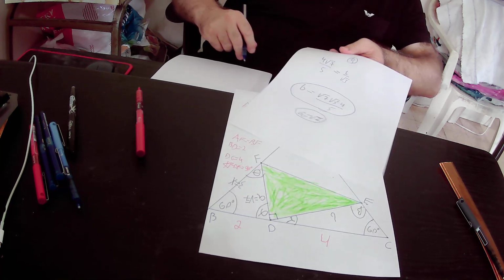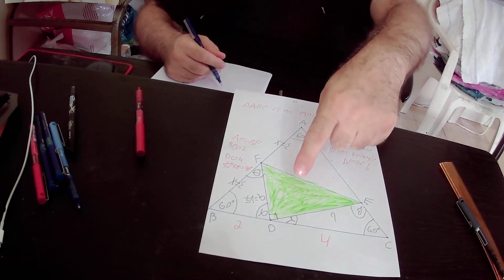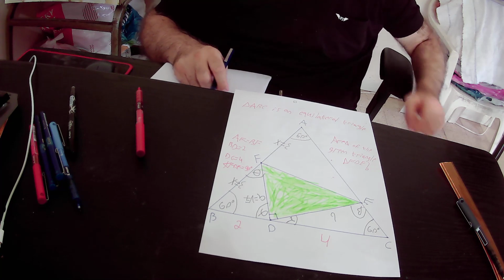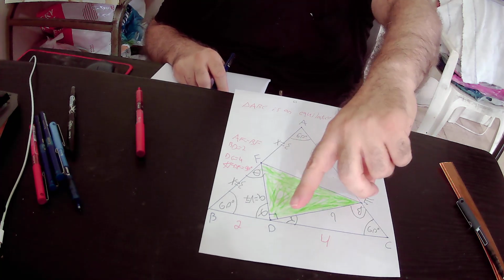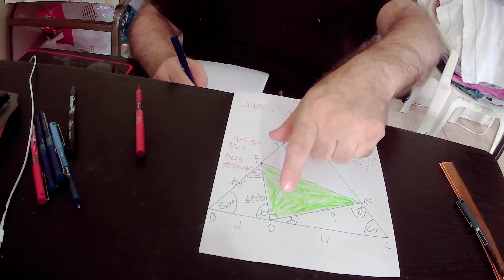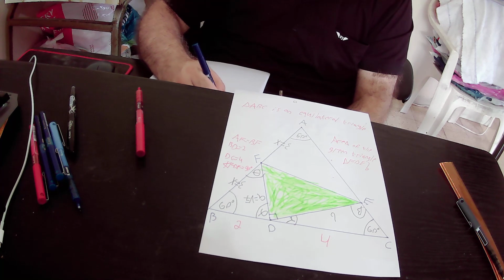We want to find the area of the green triangle. The area of the green triangle is the base of the triangle, that is b, times the height to the base, that is a, over 2.